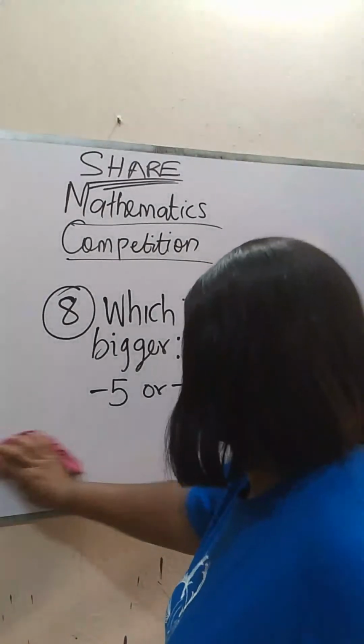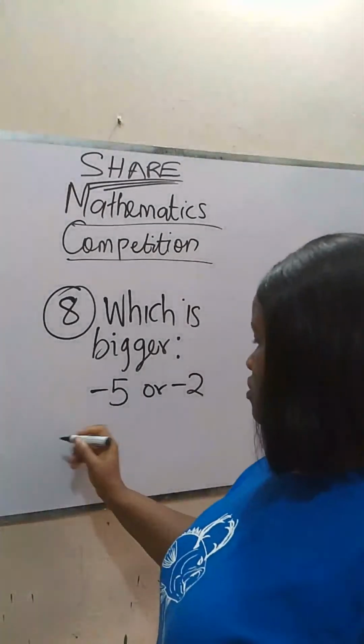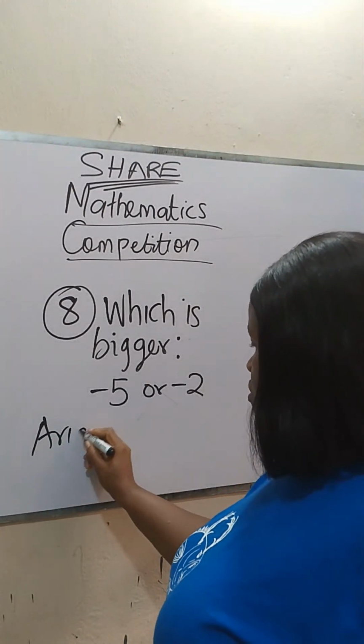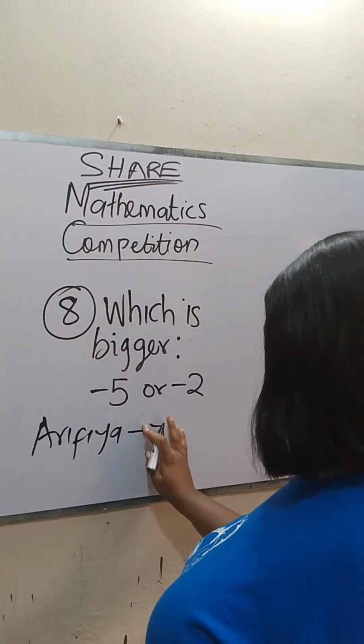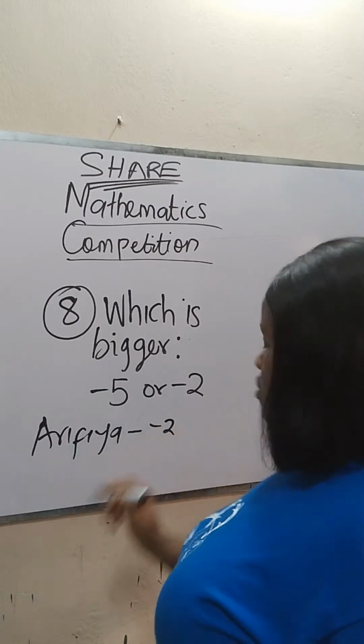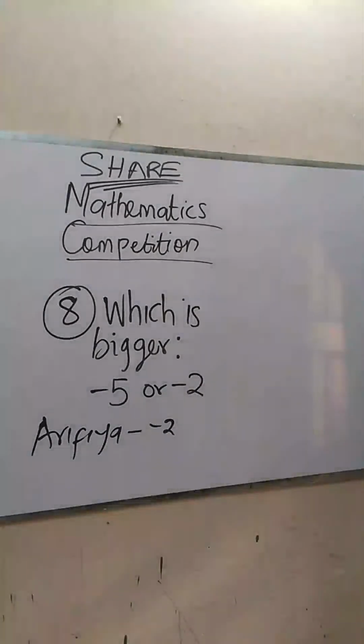So Arifia says -3, -2. More answers, please.